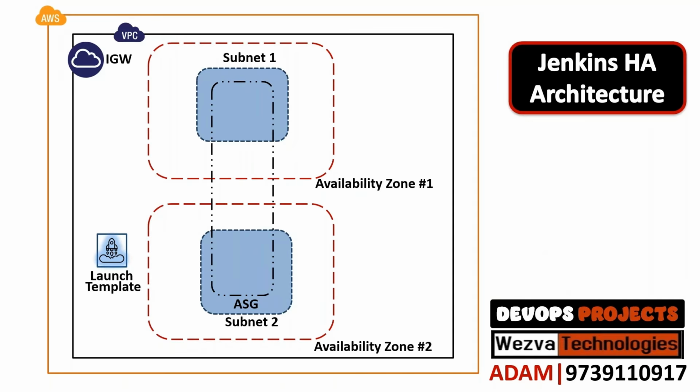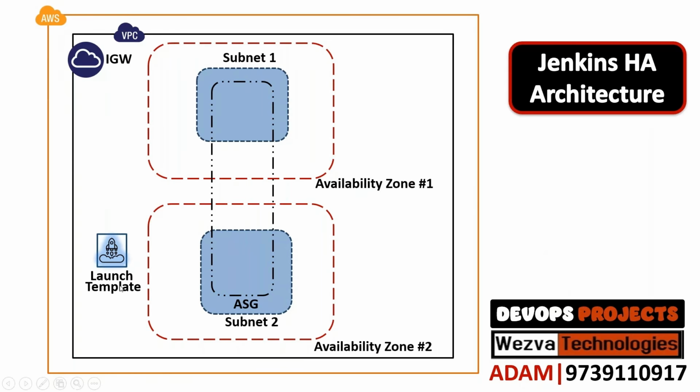The same way, how does the auto scaling group know which machine to recreate? Because it has to exactly recreate the same machine. For that, we will use something called a launch template. For the auto scaling group service in AWS, there is another inbuilt service called launch template.